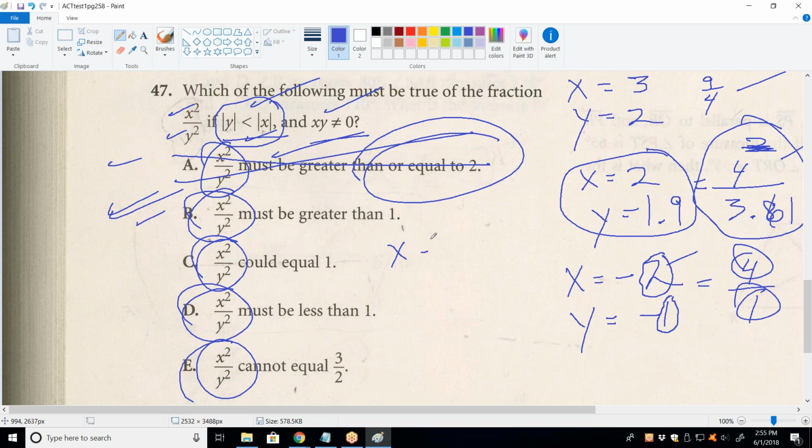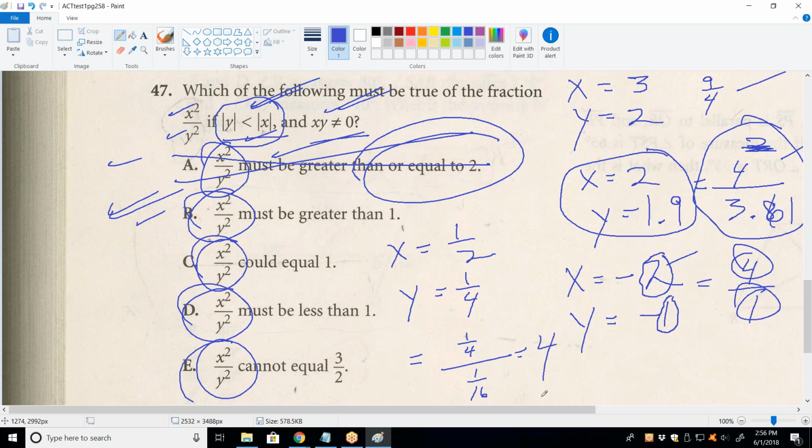What if I make x be 1/2 and y be 1/4? Now, that agrees with everything, correct? Well, 1/2 squared is 1/4. 1/4 squared is 1/16.